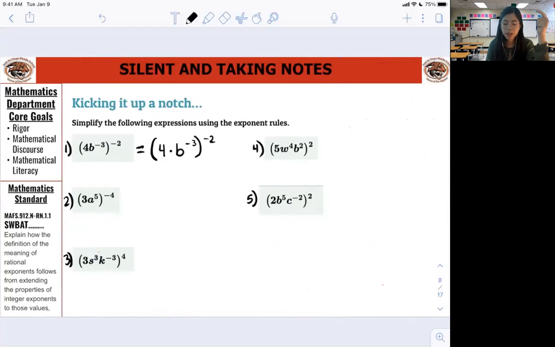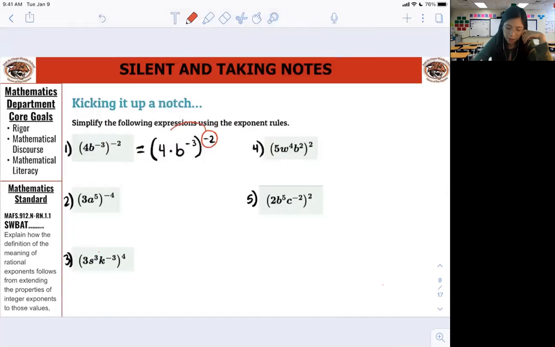So let's go back and take a look. So what's going to happen is this exponent on the outside, what do I do with it? How do I apply it to the inside numbers? Oh, distribution.